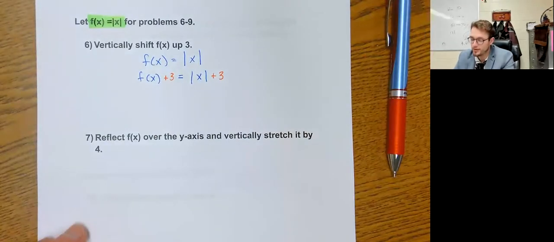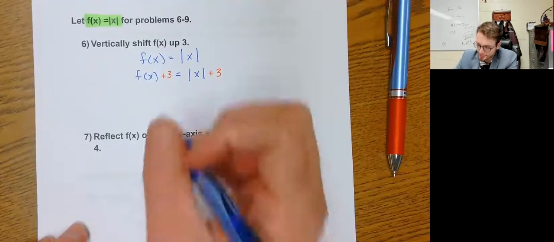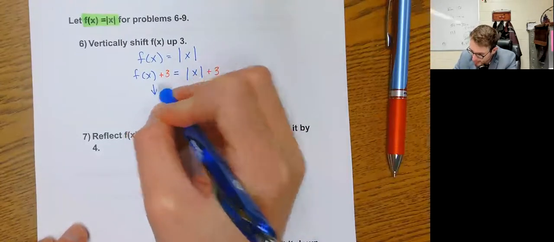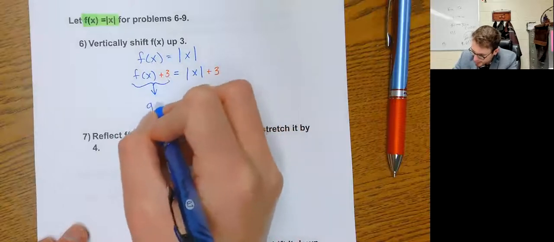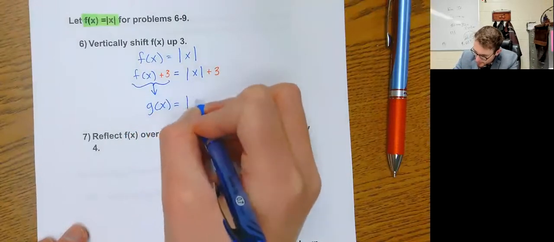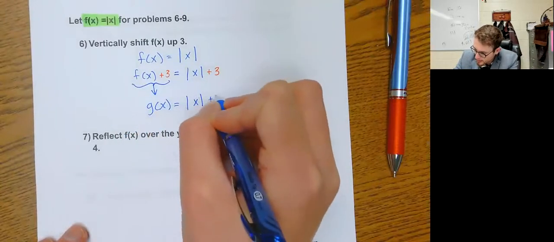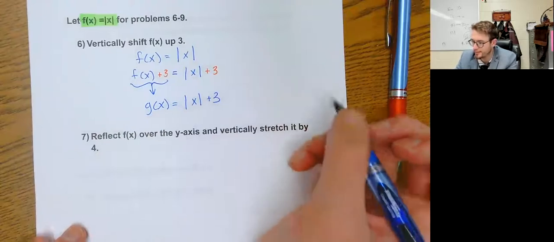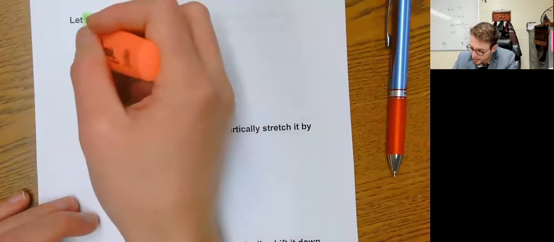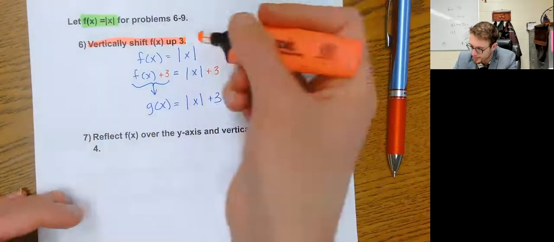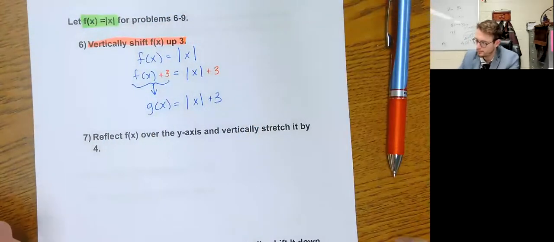All right, that works for the parent function of an absolute value. Don't have to do any extra parentheses. So we now have, because we've transformed this whole thing, g of x equals the absolute value of x plus 3. All right, and let me highlight, keep track of my highlight. That is a vertical stretch of 3. Okay.